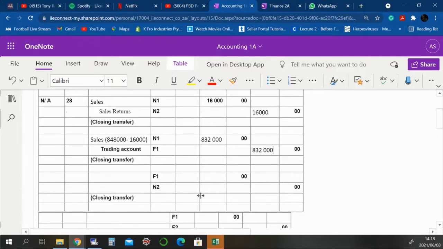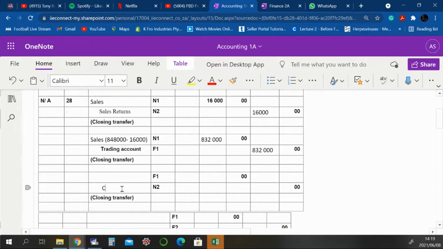Then after that, what's the next step according to your process? The trading account and cost of sales. So now it's cost of sales to the trading account. We know cost of sales is an expense, so the whole year we've been debiting. So now we need to credit this account to close it off.